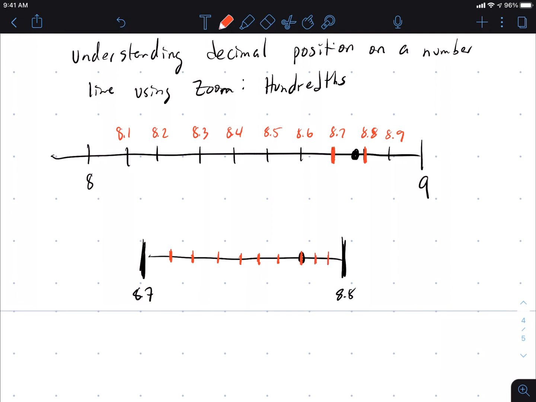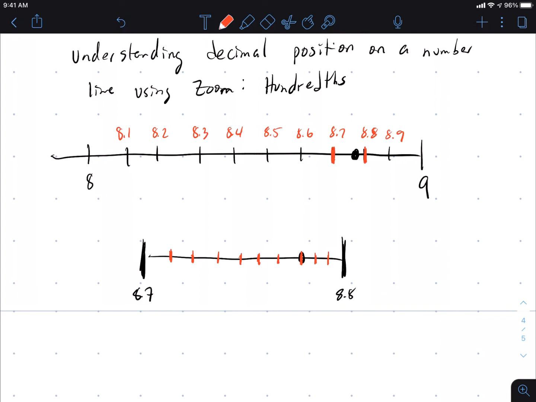So we said that 9 lines was 0.1 when it was whole numbers, correct?